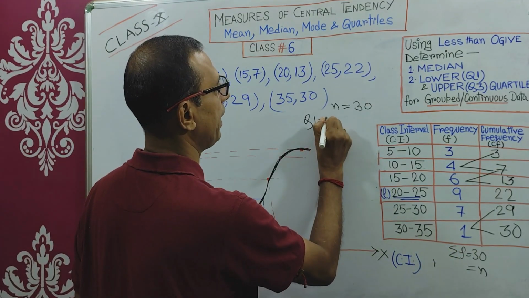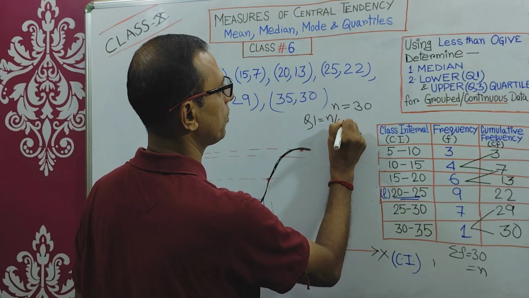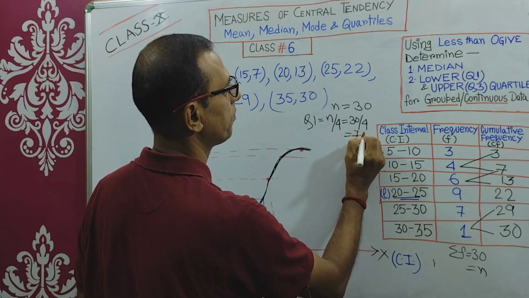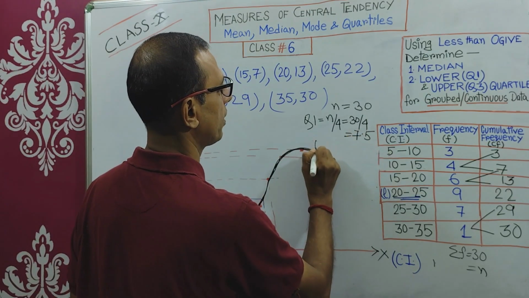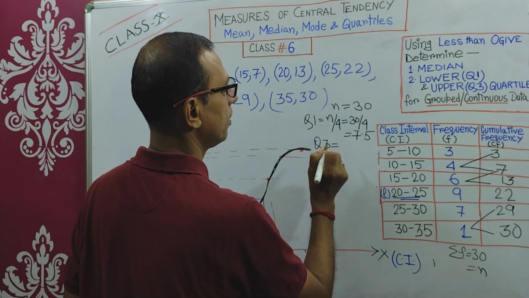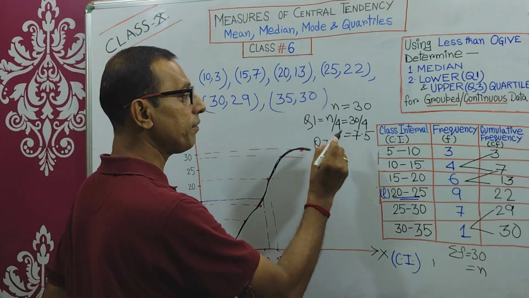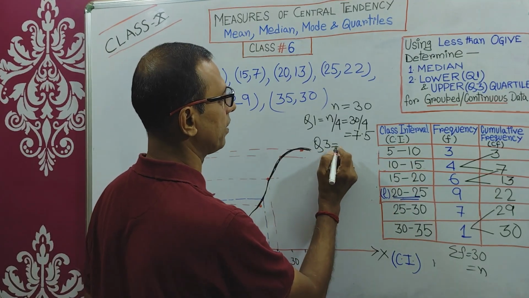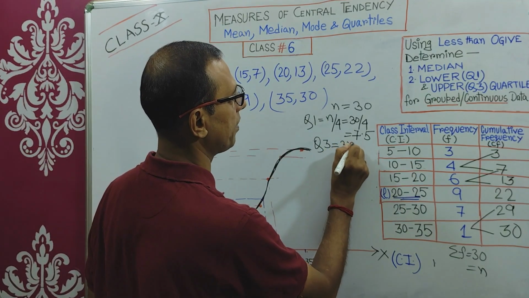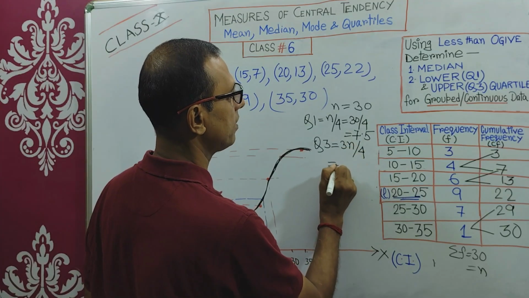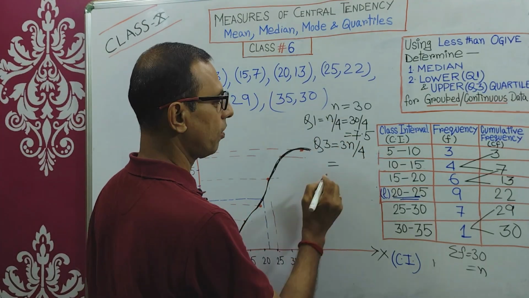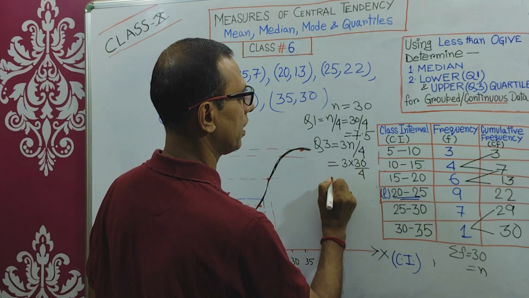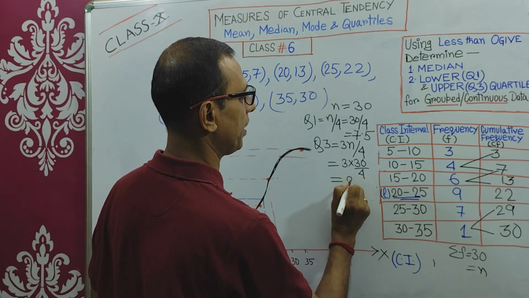So Q1 will be n by 4, that is 30 by 4, therefore it will be 7.5. What is the value of Q3? Q3 is 3n by 4. That means 3 into 30 by 4, that will be 22.5.